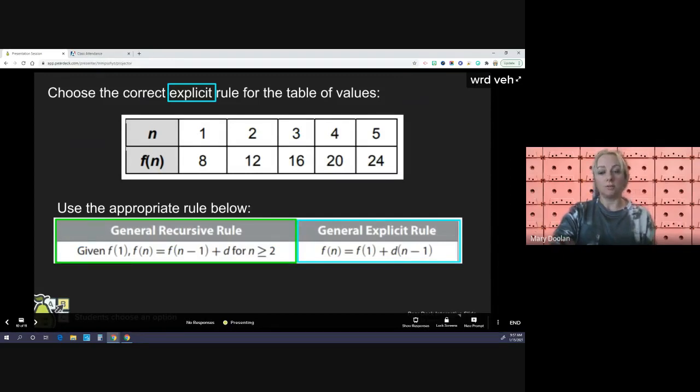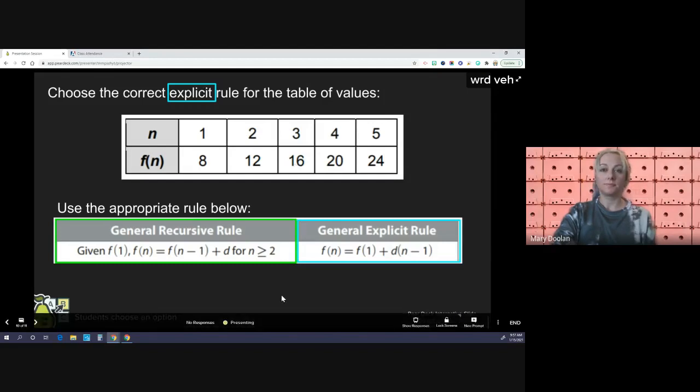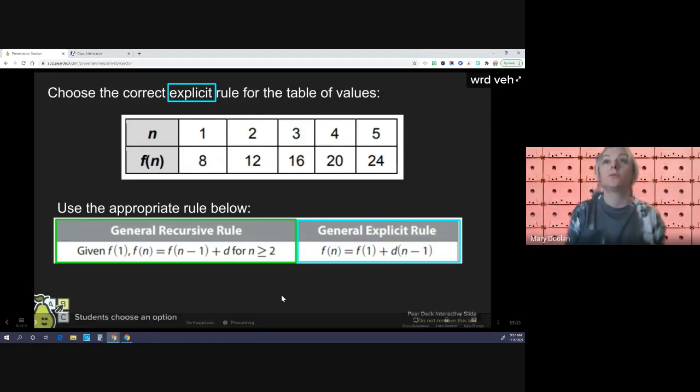Multiple choice here. We're close on time. I'm going to give you 1 minute. It is a multiple choice answer. Choose the correct explicit rule for that table of values.